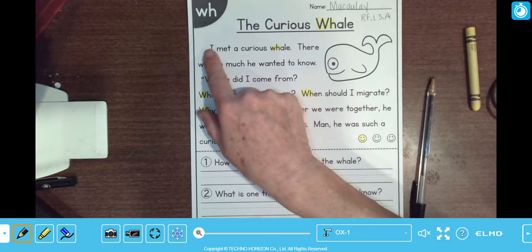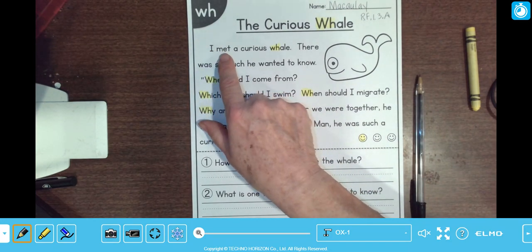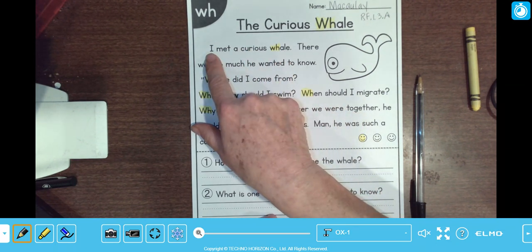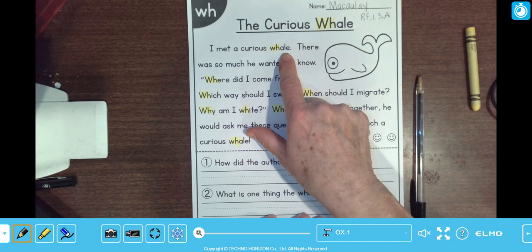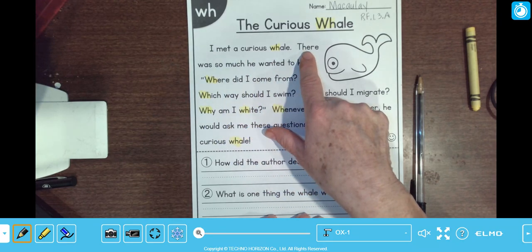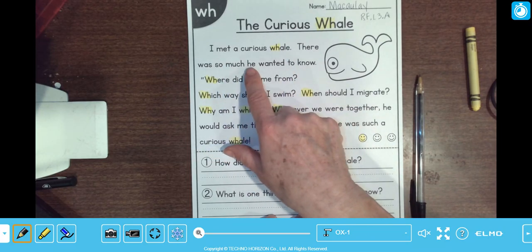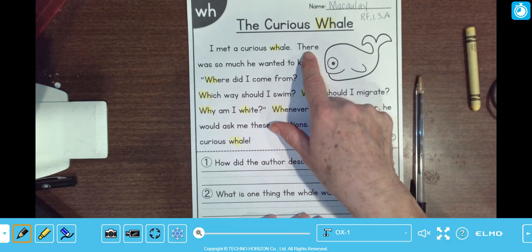Here I go. Ready? My turn first. I met a curious whale. Your turn. Ready? Begin. Okay, my turn. There was so much he wanted to know. Your turn. Ready?